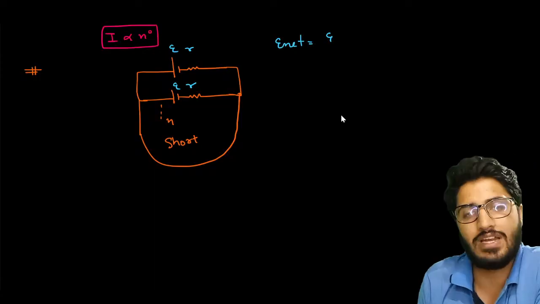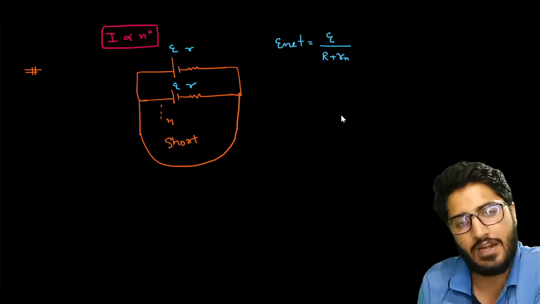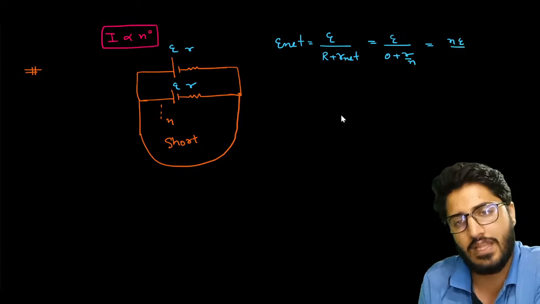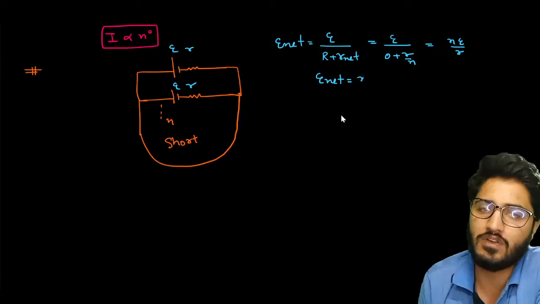It will be only E divided by R plus r net. E is E, R is 0, and r net would be r by n. So my answer came out to be nE by r.